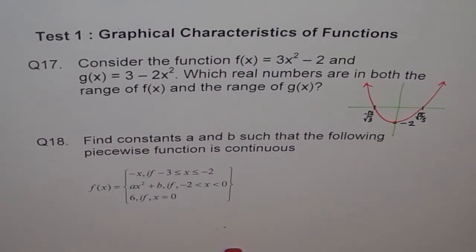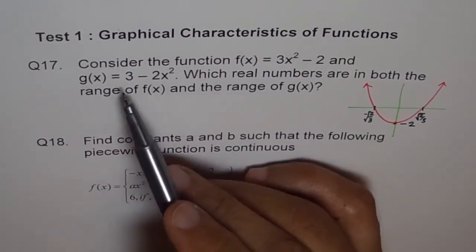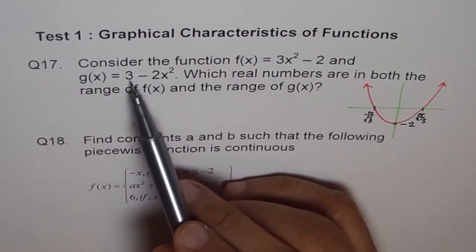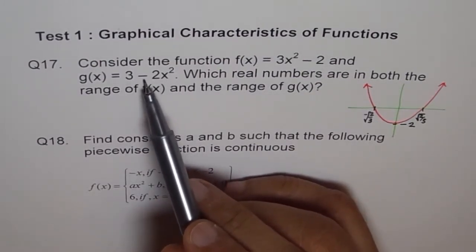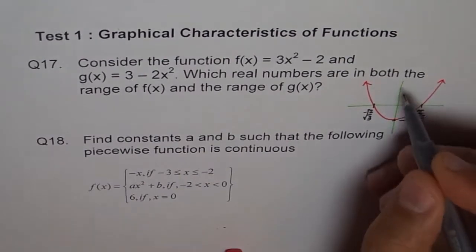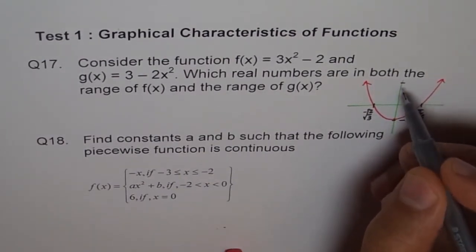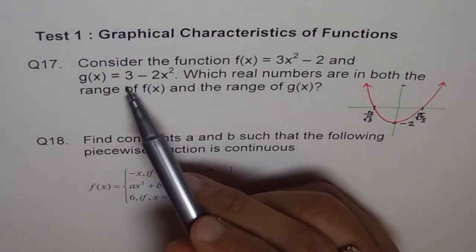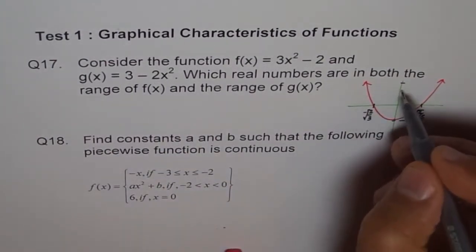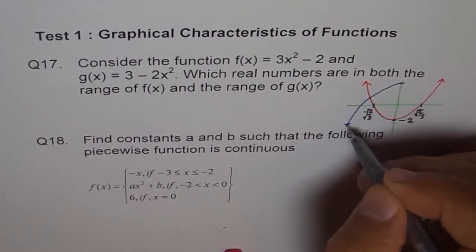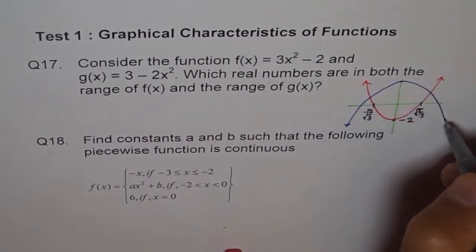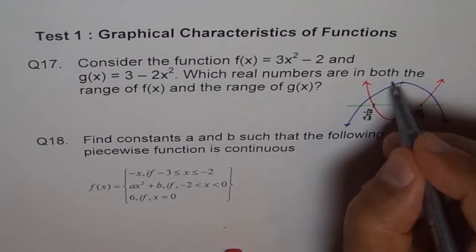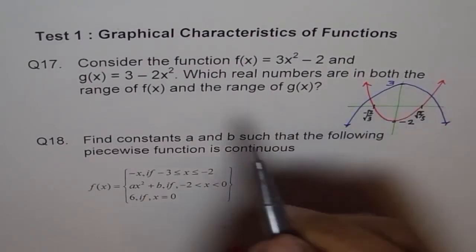Let me draw it in blue. The function is 3 minus 2x squared. Where is the vertex? Vertex is at (0, 3), and it opens downwards. So instead of minus 2, it is plus 3. And where is the x-intercept? Square root of 3 over 2, so more than 1. So it will be kind of here. So let's go like this. And this point is very critical for us, which is 3.